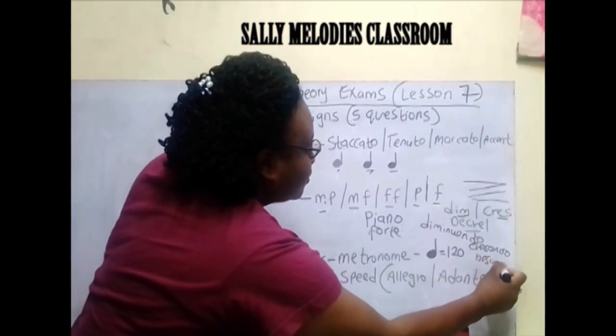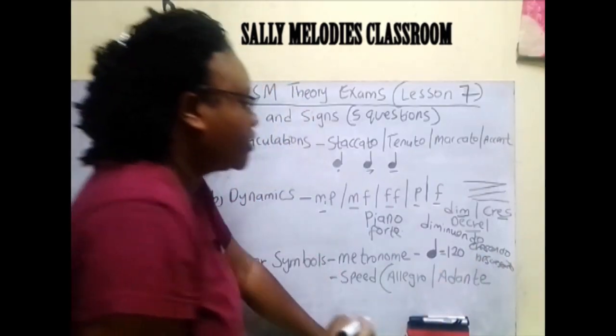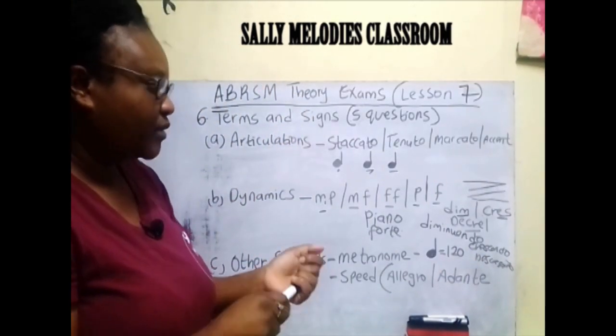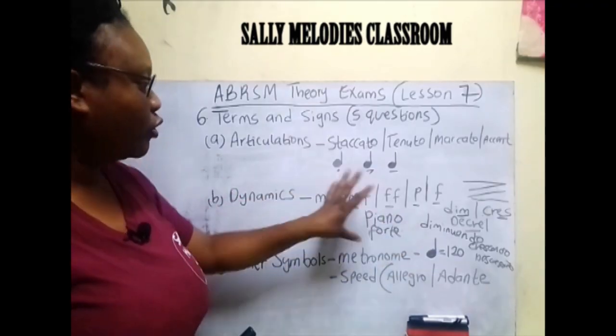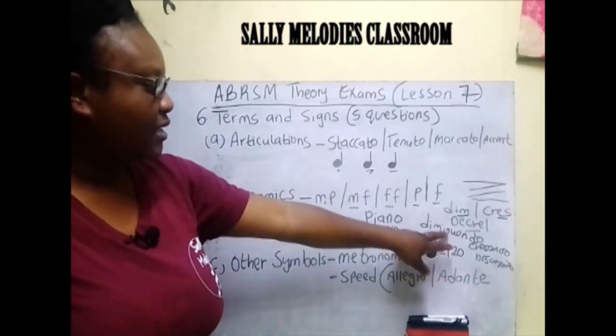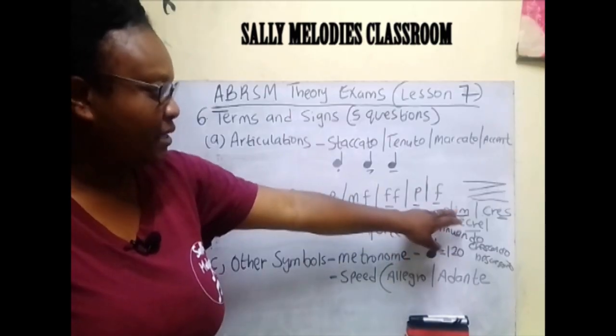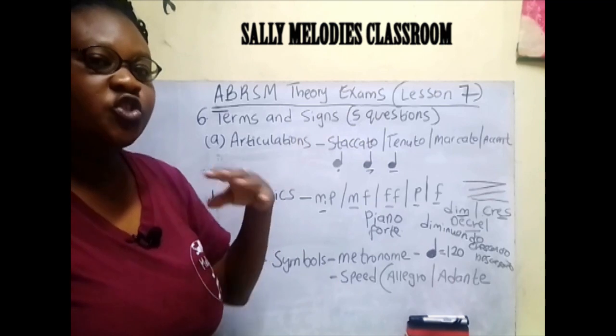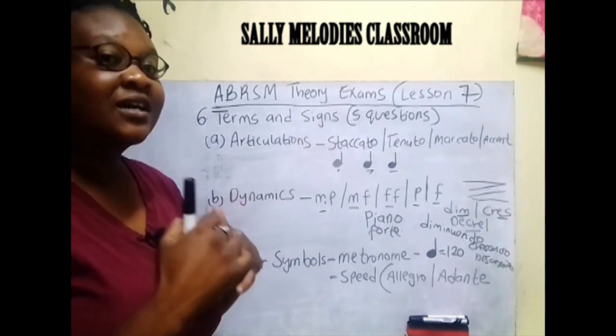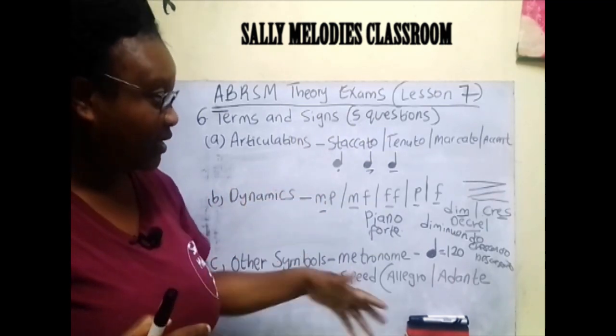If you see something like that, just know that you are being examined on volume control, dynamics, diminuendo, or dim, or this one. It means the song is gradually getting quieter or softer. And it is also the same as decrescendo.